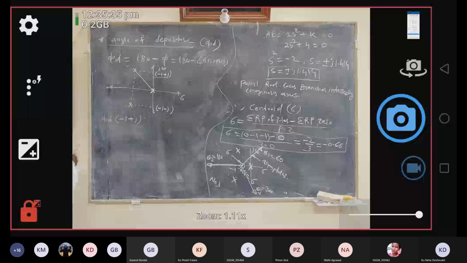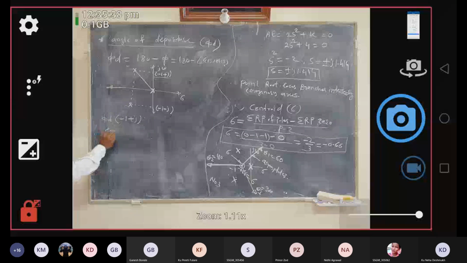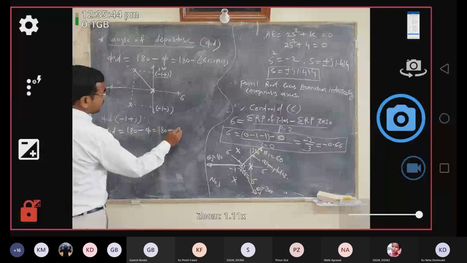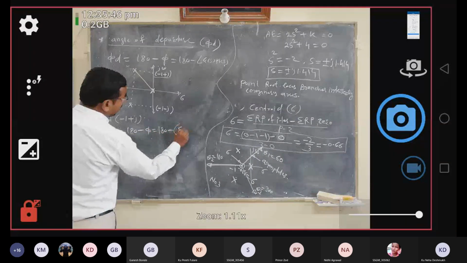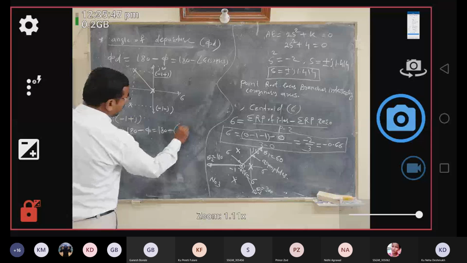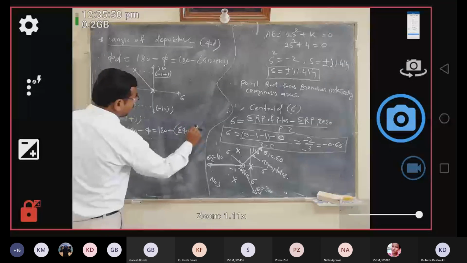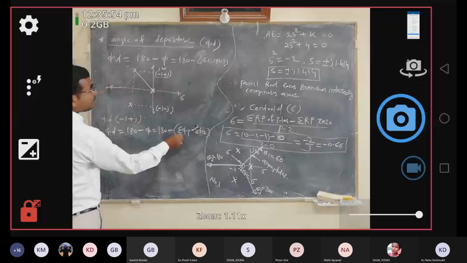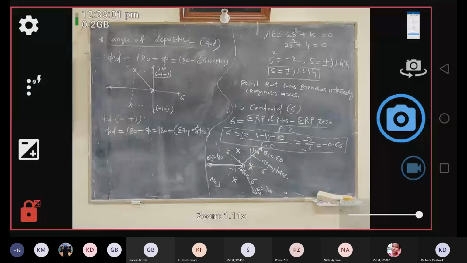The value of phi d is 180 minus phi, where this phi will be given by summation of phi p minus summation of phi z. So phi p, phi z means the angle which is contributed by the poles and the angle which is contributed due to the zeros with respect to respective complex pole under consideration.